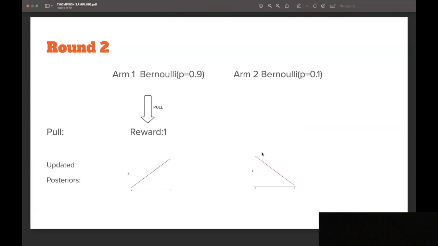Assume that this is indeed the case, and you observe a reward of 1 from this arm. Then Thompson sampling updates the posterior for arm 1.